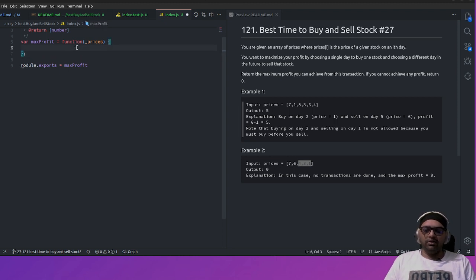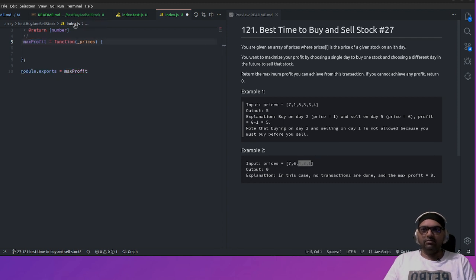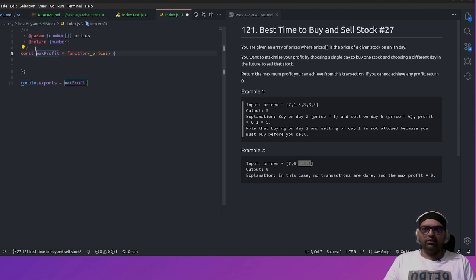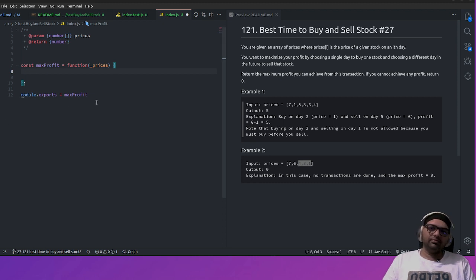I already solved the problem on LeetCode, so I will be solving it like this. So const. I like to go with const because it's bad practice to use var. Let us define what the maximum profit would be: let _profit.